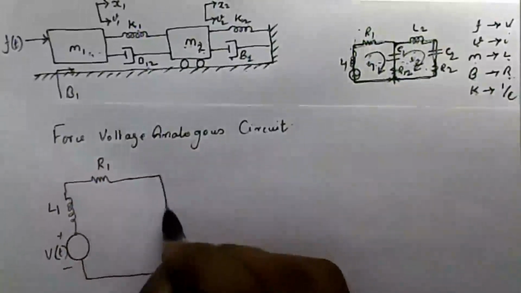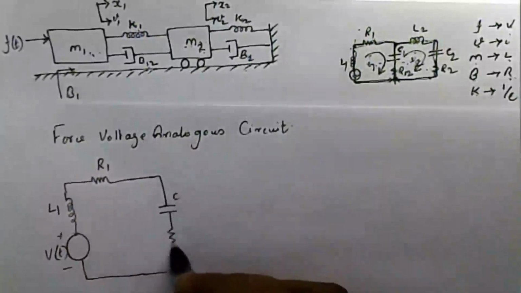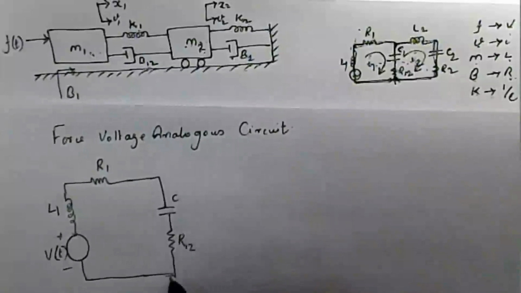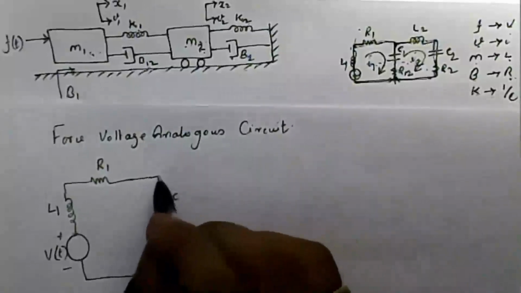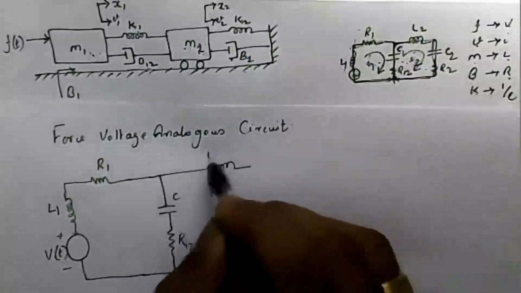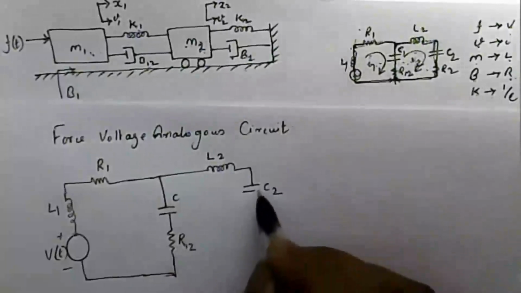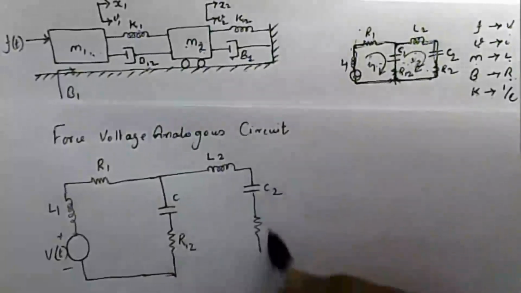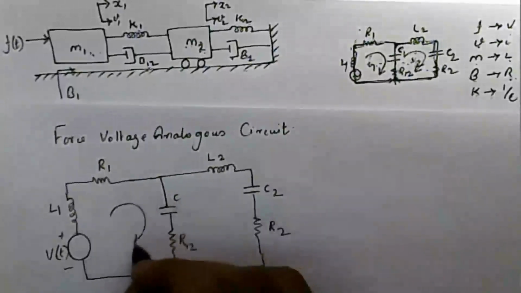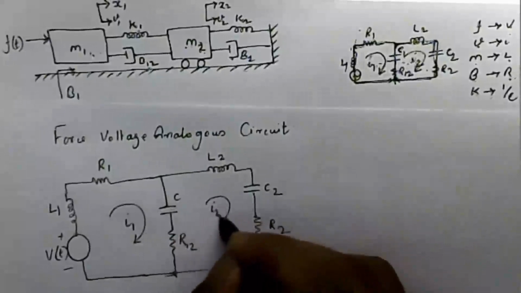Then I am going to draw the individual branch: here capacitor C1, then the resistor R12. Then here another inductor L2, here capacitor C2, then here resistor R2. Then the loop currents are I1 and here I2.